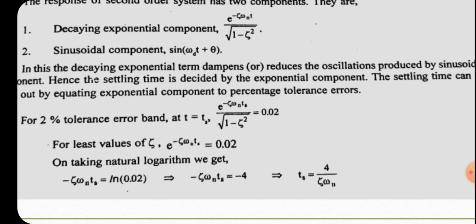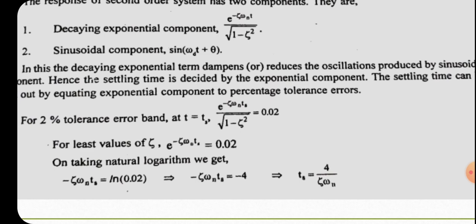For very small values of epsilon, the square root will be 1, so we get e raised to minus epsilon omega n into ts equal to 0.02.